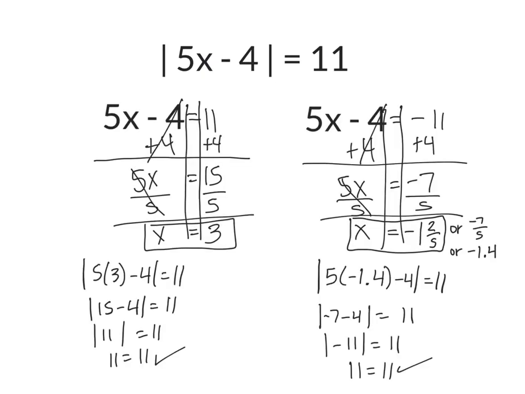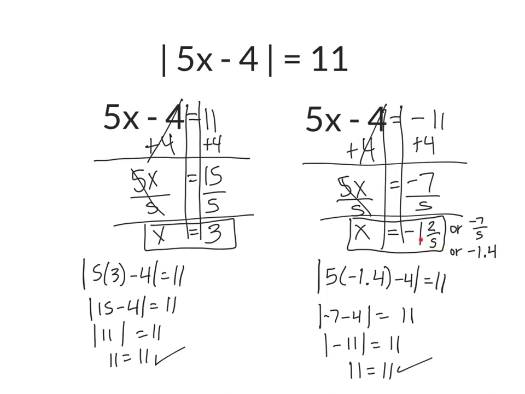So these are the 2 answers that you should have gotten. X equals 3 and x equals negative 1 2/5, or you could have had x equals negative 7/5, or x equals negative 1 4/10. So you won't always get a whole number answer. It's okay if it's a fraction. It still works.